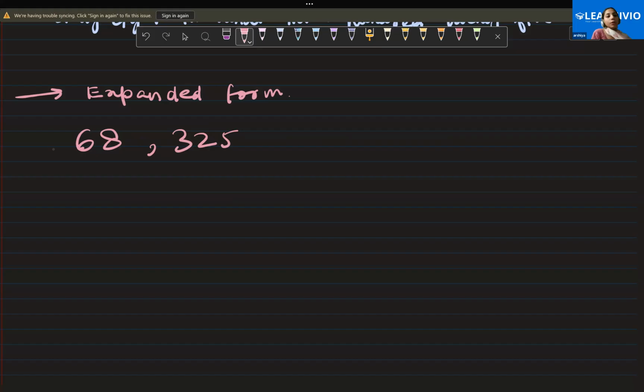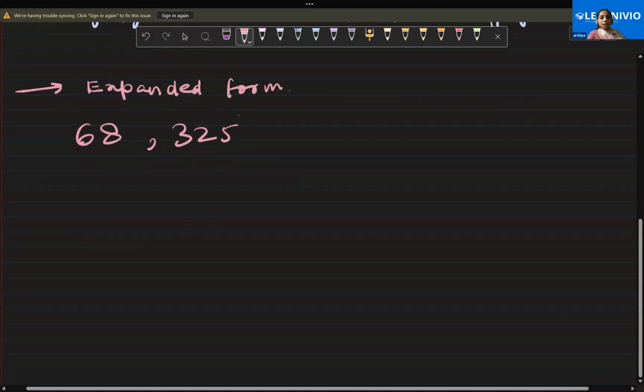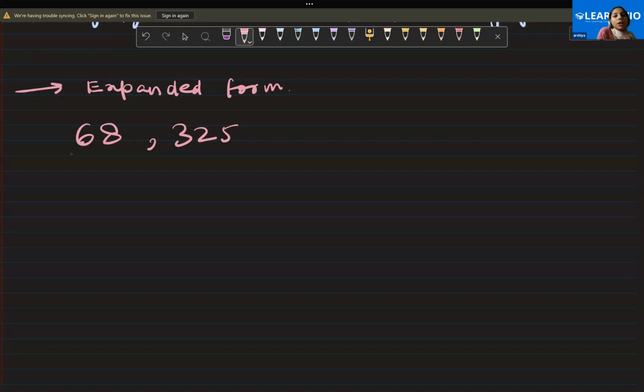Writing in letters is this one. We are using alphabets to basically write this number. If I have to write this in expanded form, I'll use numbers only. But we'll take the help of the place value. What is the place value of 6 here?